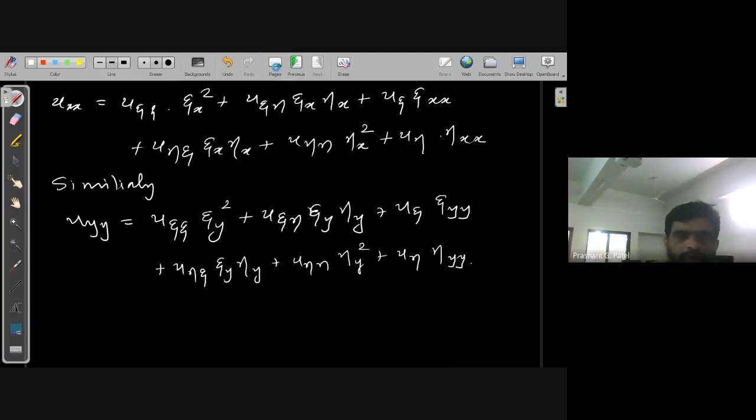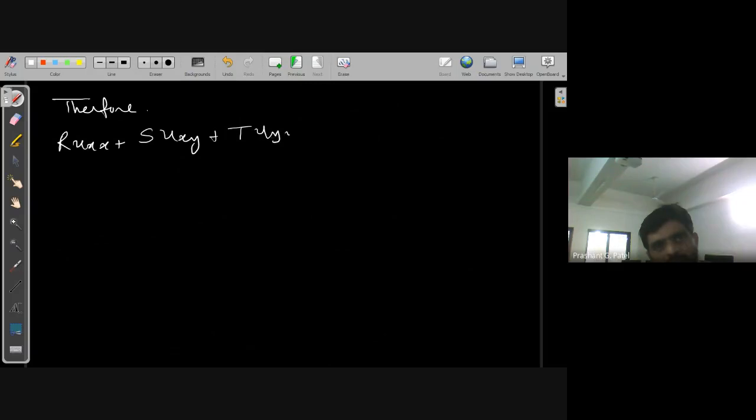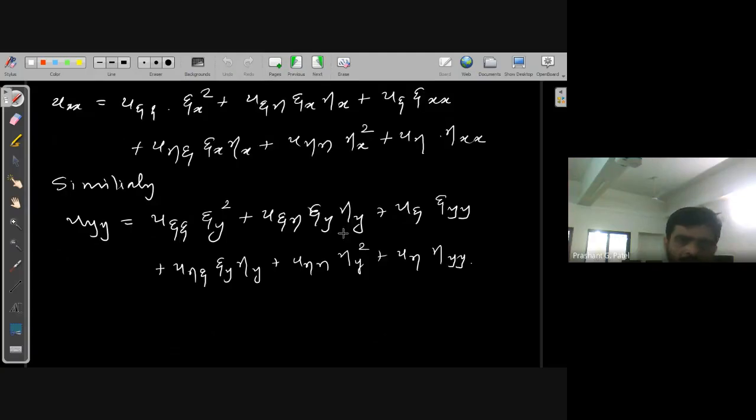So therefore, if I can now simplify r u_xx plus s u_xy plus t u_yy, we will substitute all these values here. u_xx is this value, and u_yy and u_xy we will substitute here.